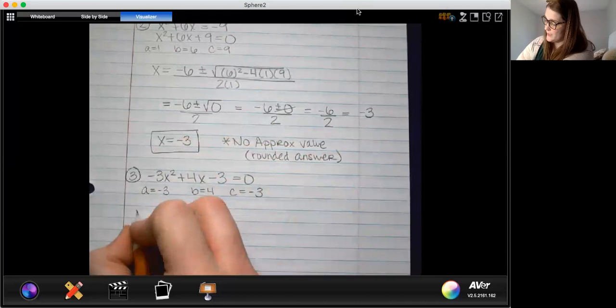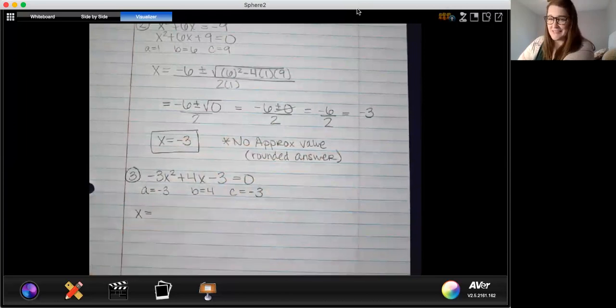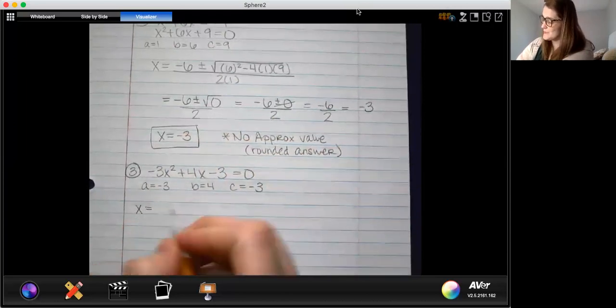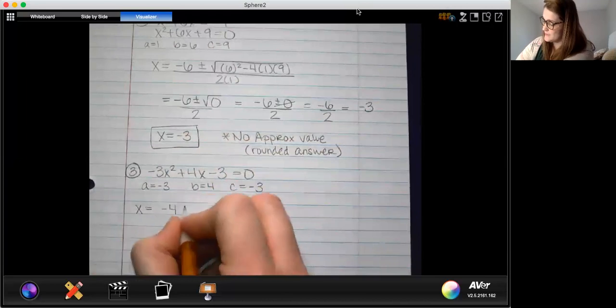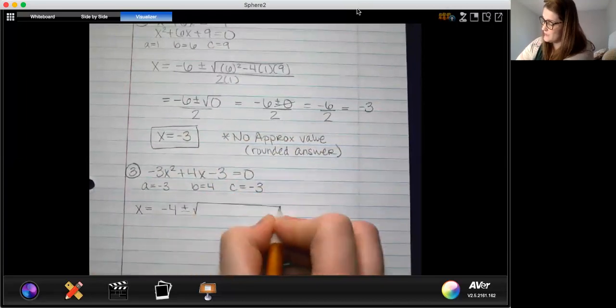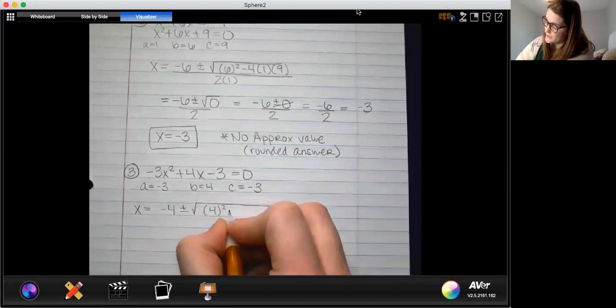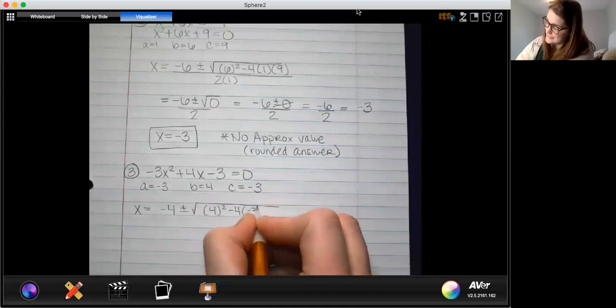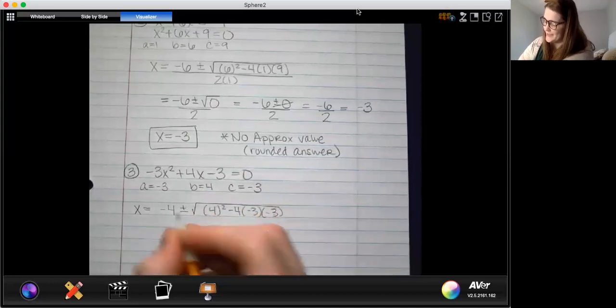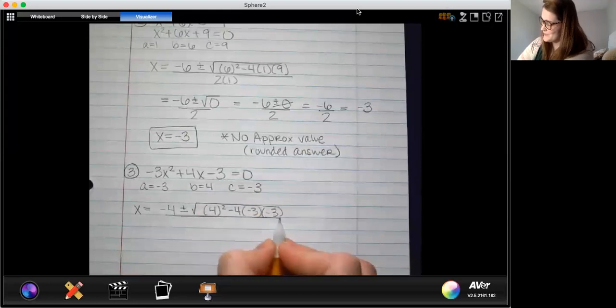So substitute in my information. I'm going to sing it again. X equals opposite of B plus or minus the square root of B squared minus 4AC. Takes a second to write that. All over 2A.